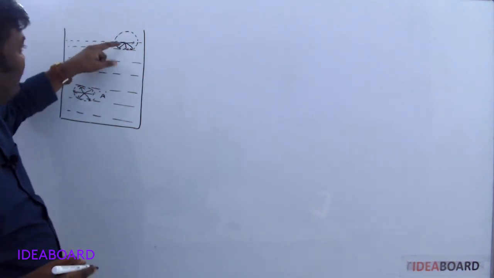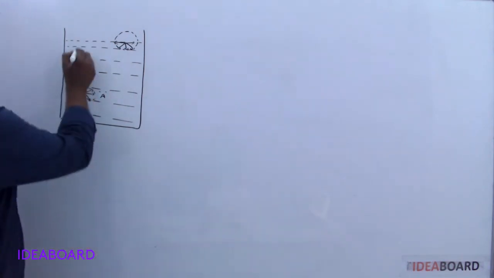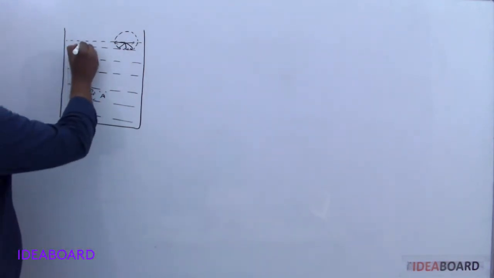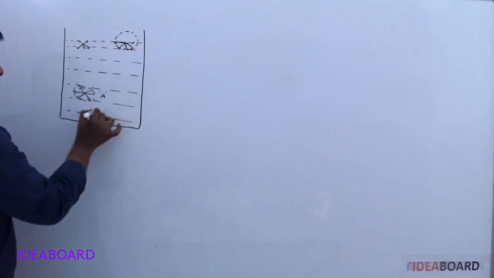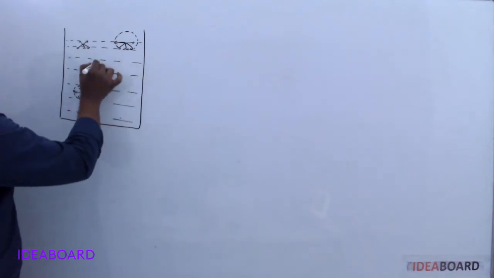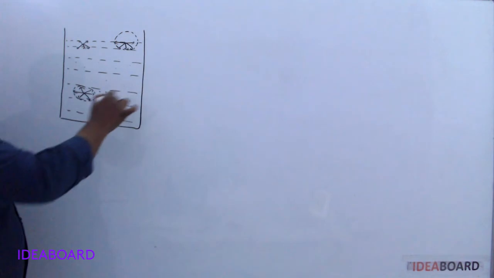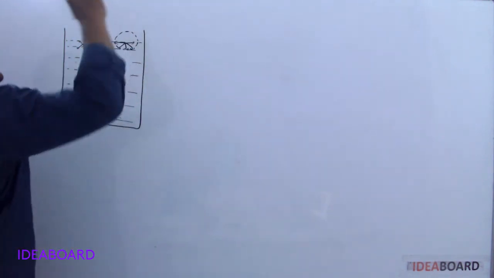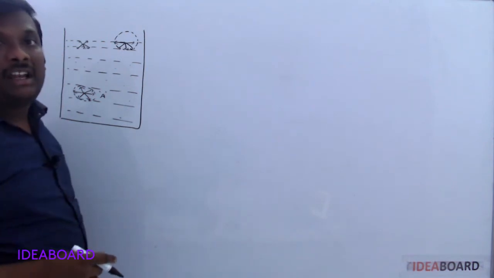So there is some net force acting in the downward direction. If you take another molecule here, here also there is some net force acting in the downward direction. So for any molecule inside the liquid the net force is 0, and only on the surface of the liquid is there some net downward force.